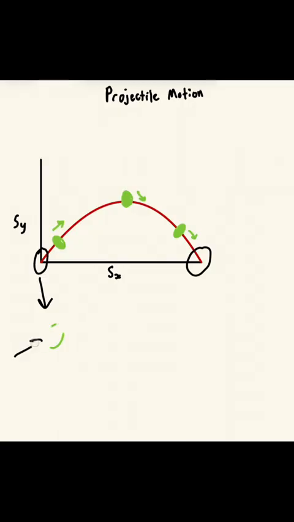Now, if we zoom in and have a look at what's going on throughout the actual path. So when that ball is first kicked, there is both vertical and horizontal velocity. So what's actually happening? Is the horizontal velocity changing at all? The horizontal velocity doesn't actually change throughout the whole process of the ball being kicked. So all the way from the start to the end, that Vx and Ux are going to be equal.